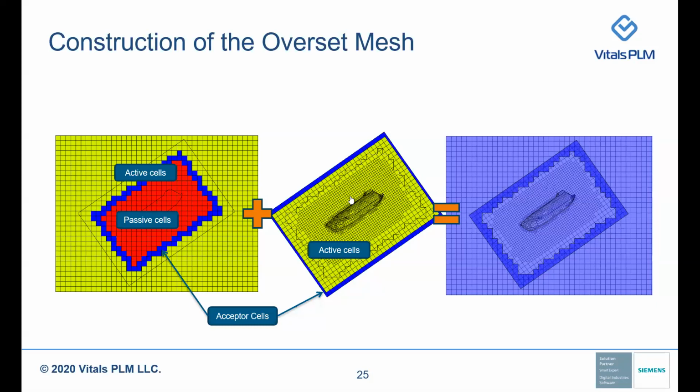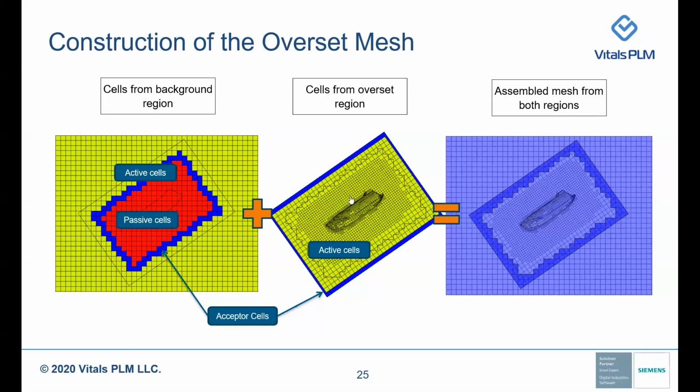In both regions, we have acceptor cells colored in dark blue. As a result, the information passes from one region to the other. Here we have cells from the background region and cells from the Overset region, and once we assemble them, the final mesh looks like this on the right side.